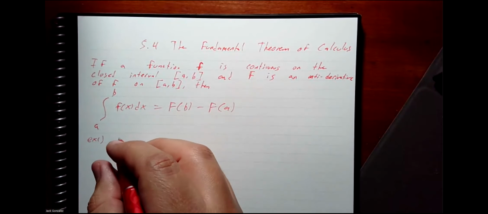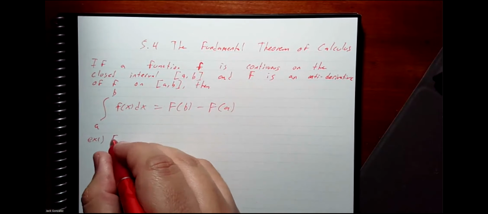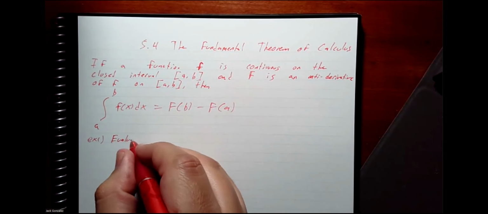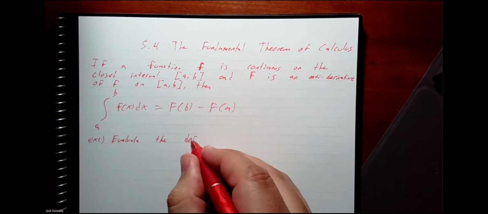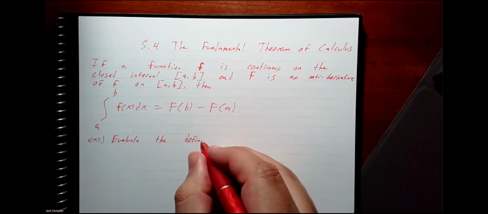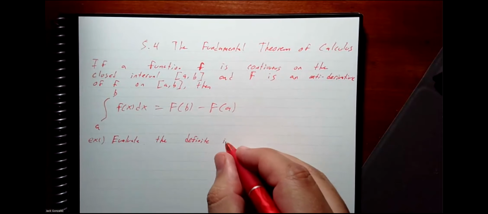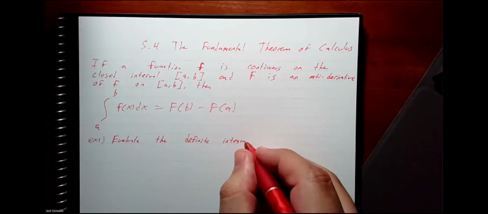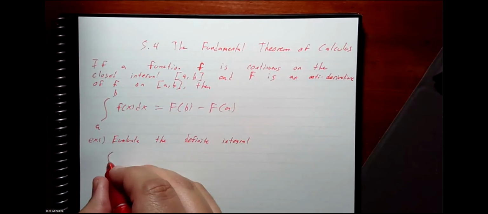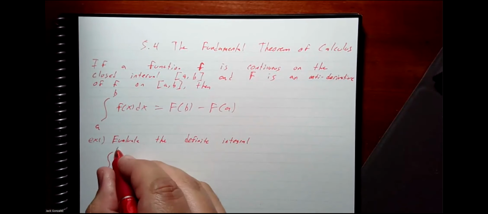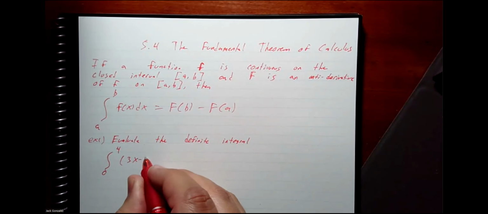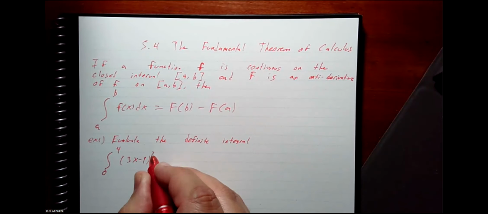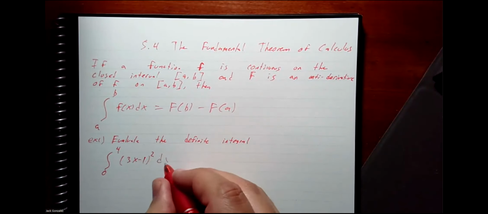So evaluate the definite integral. The integral from 0 to 4 of (3x minus 1) squared dx.